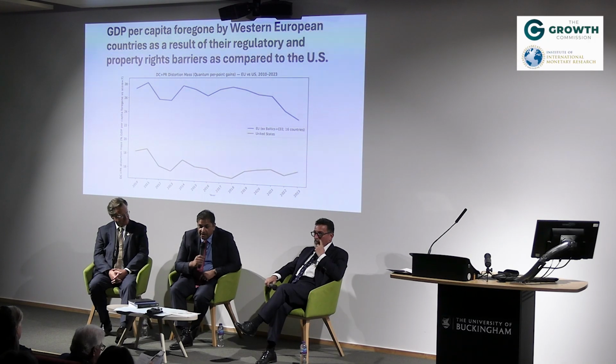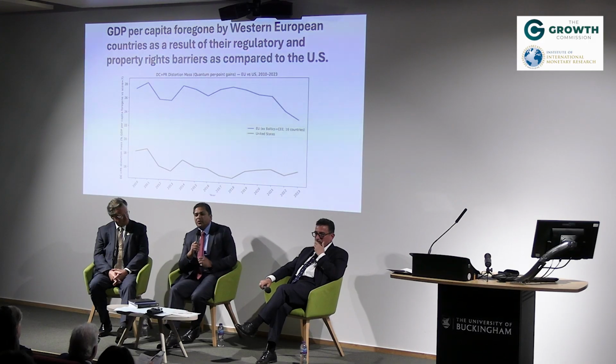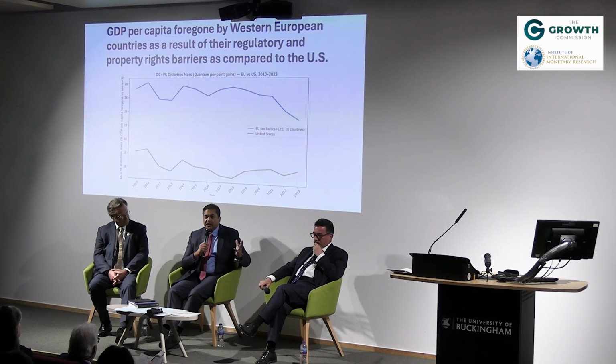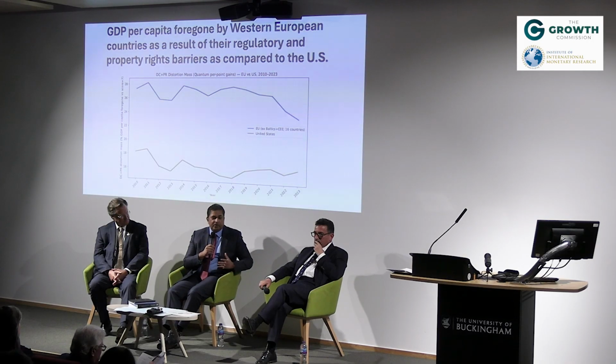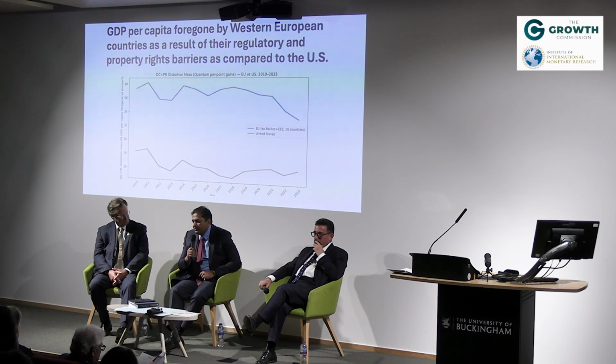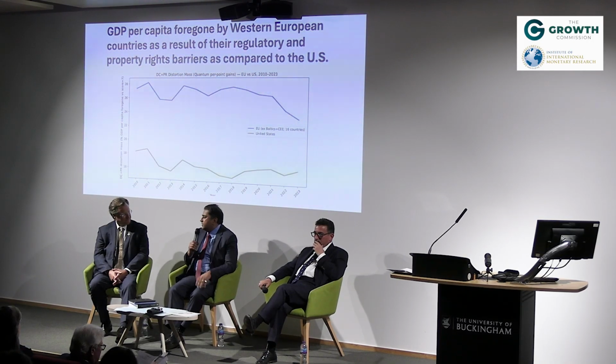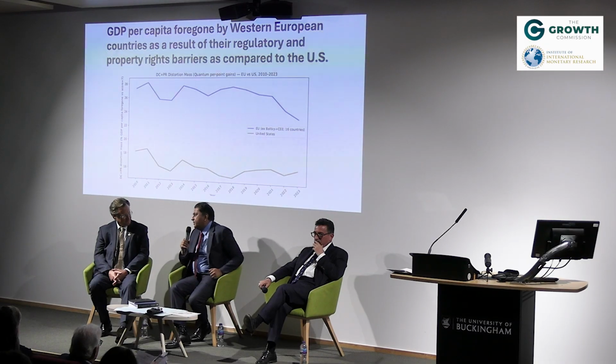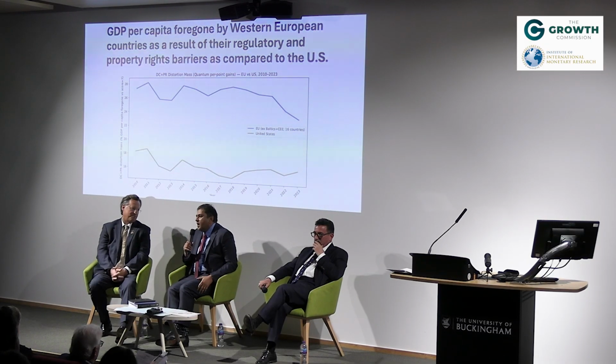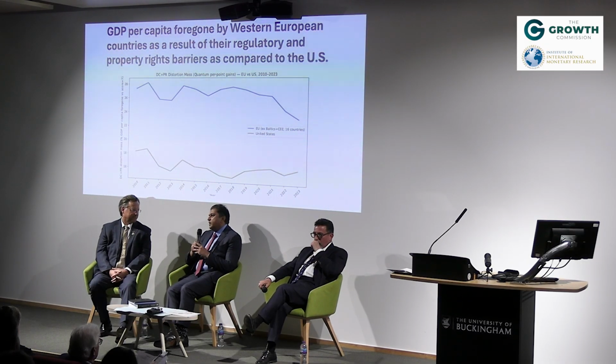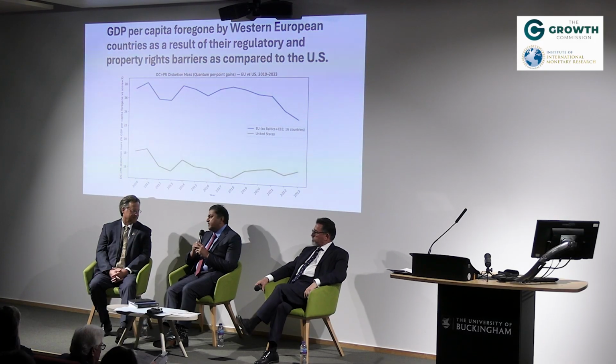Good, and there are many, many more examples of those types of things. What we wanted to do in this panel was make a little bit real some of the numbers that they talk about, and show you some real examples of what this means on a day-to-day basis. So, Dave, let's talk about the US for a second. First of all, your experience of regulatory reform in the US and the regulatory barriers that do exist in the US.